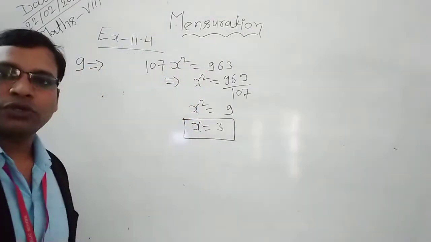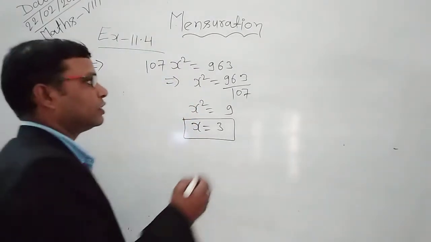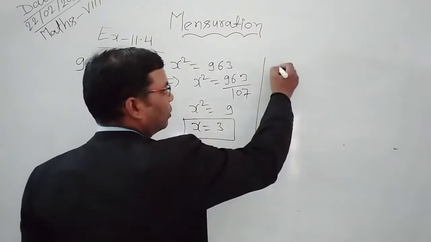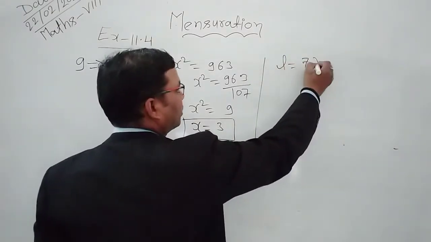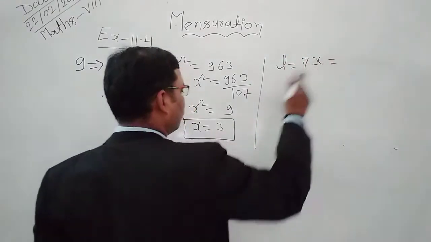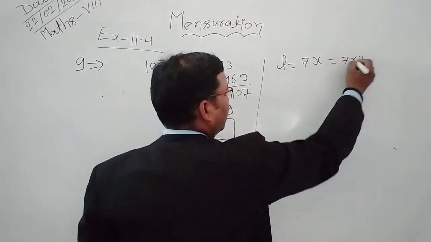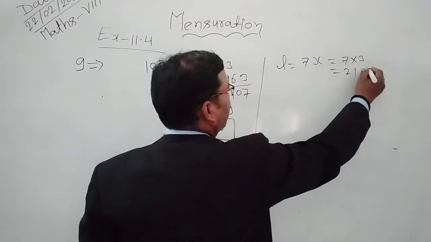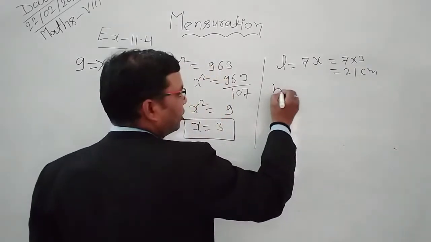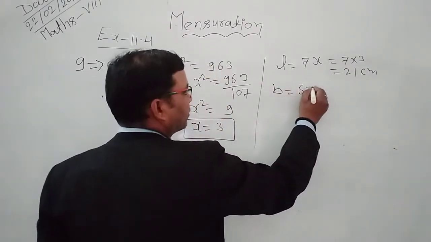So length is equal to 7x, but here x is equal to 3. So length is equal to 7 into 3. You can write it as 21 centimeter. Breadth is equal to 6x.